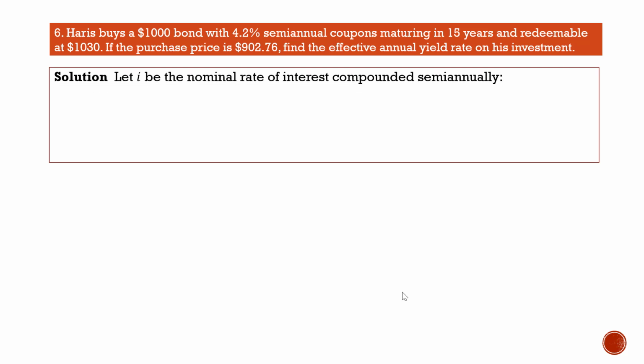Solution: let i be the nominal rate of interest compounded semi-annually. You have the price of the bond, 902.76, equal to the present value of the coupons plus the present value of the redemption value. 21 is the coupon at the end of each half year using the 4.2% semi-annual coupon rate.